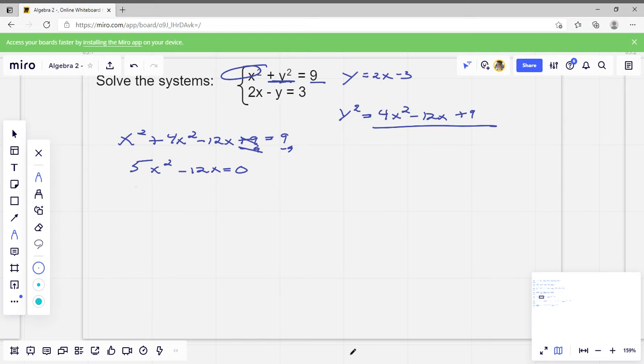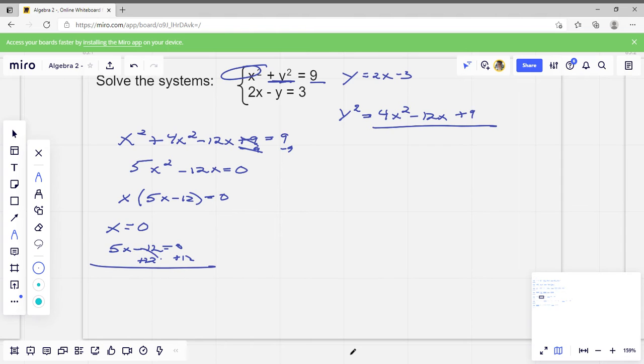Alright, so then I can pull this x out. x times 5x minus 12 equals 0. And then I get x equals 0 and 5x minus 12 equals 0. And to fix this one, we would do plus 12 and plus 12.